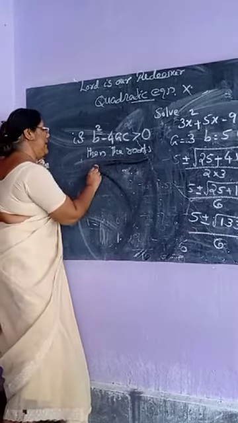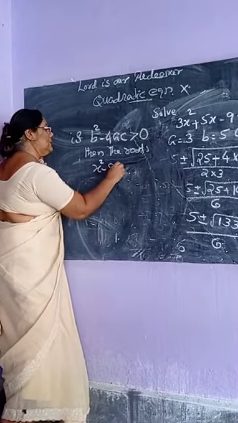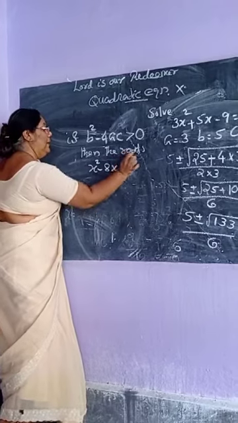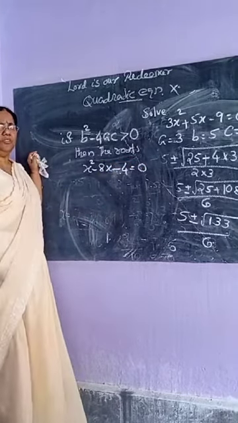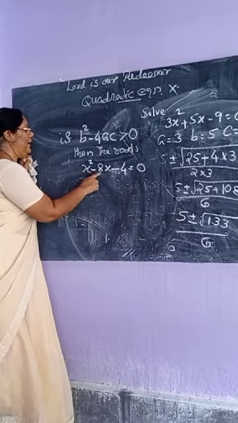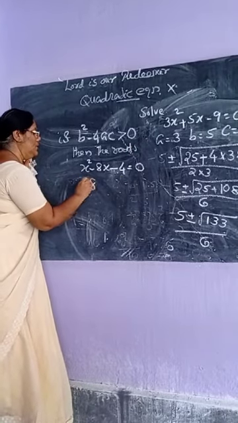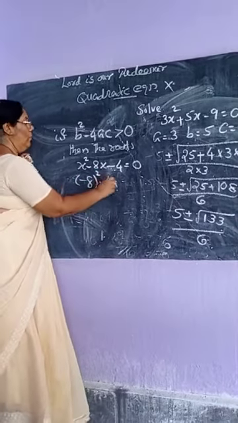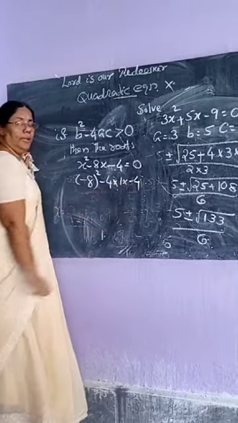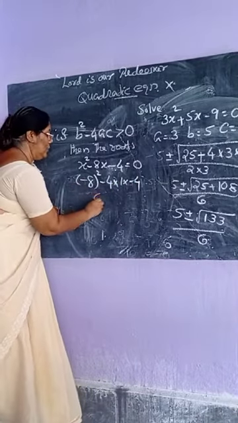One example, x square minus 8x minus 4 equal to 0. This is a quadratic equation. Then what is b square minus 4ac? Minus 8 square minus 4 into 1 into minus 4. That is minus 8 square, 64.